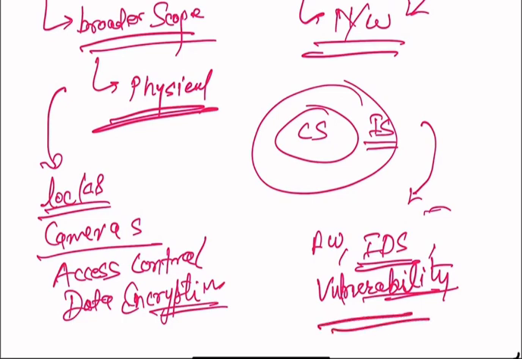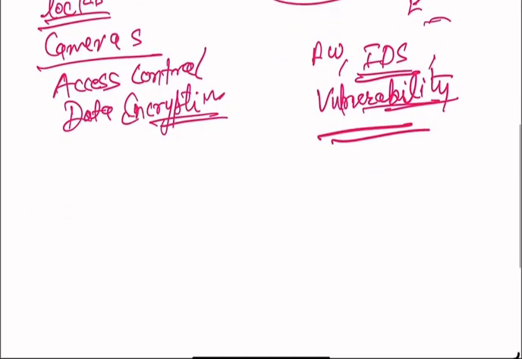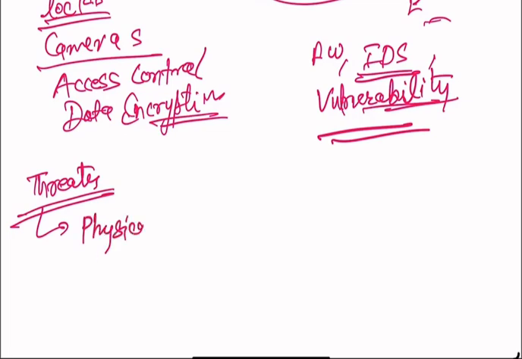When we are talking about threats, information security professionals need to be aware of a broad range of threats, which includes physical theft, like anybody can steal your physical documents. We need to worry about natural disasters, human errors, and insider threats as well.